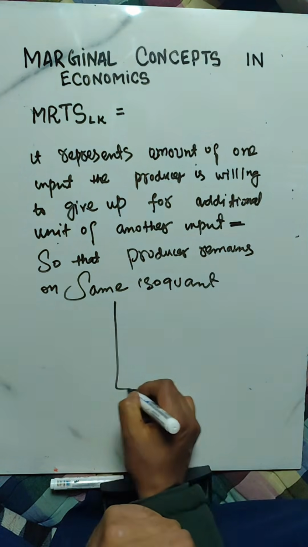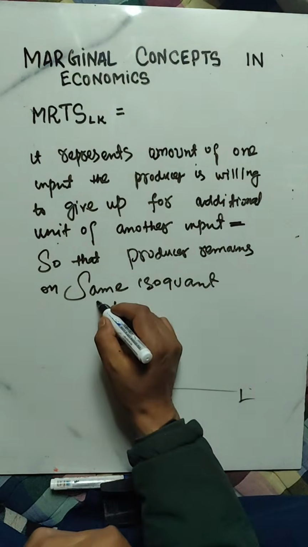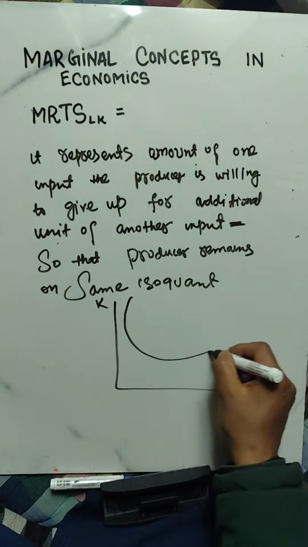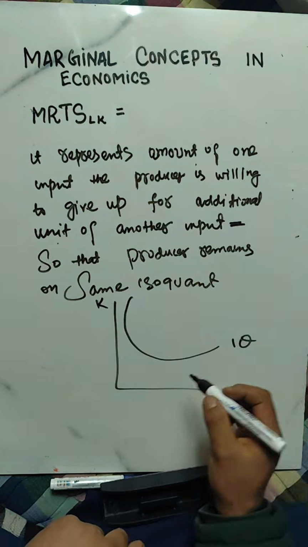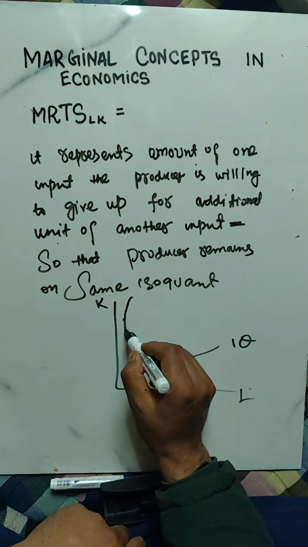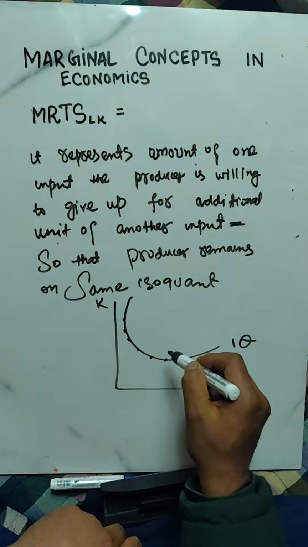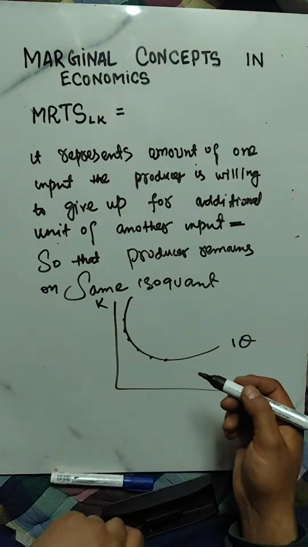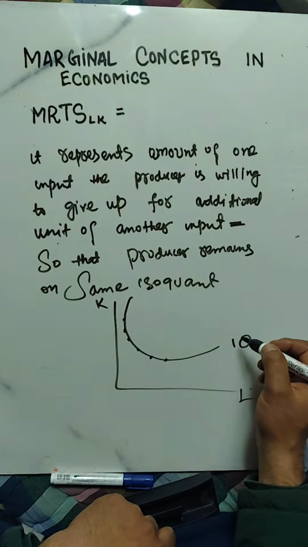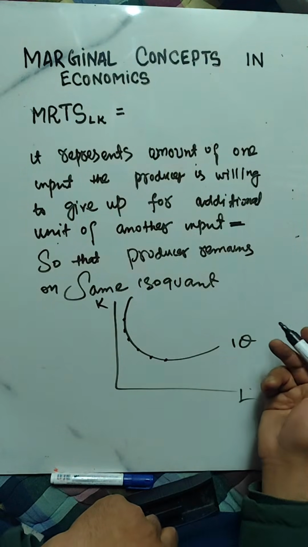Okay, if I draw, let us suppose we have labor on the horizontal axis, capital on the vertical axis. This is our isoquant. So what does isoquant tell us? It shows us different combinations of labor and capital employed in the production process to get a fixed level of output.